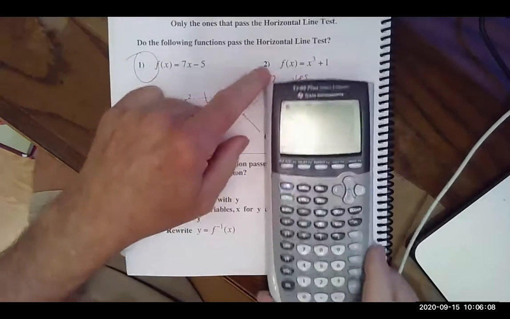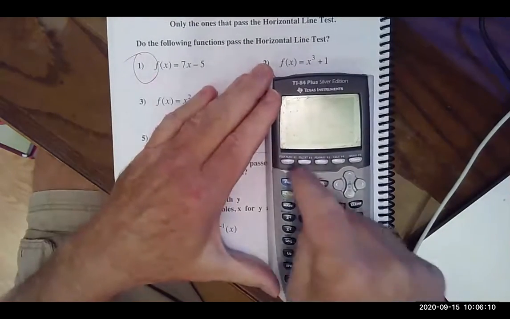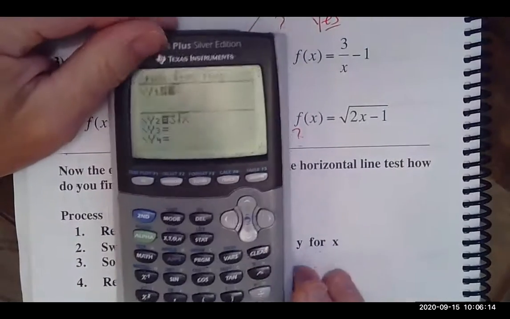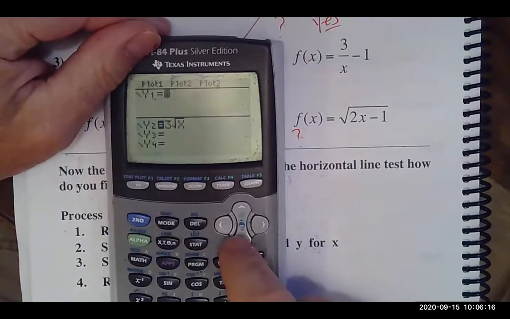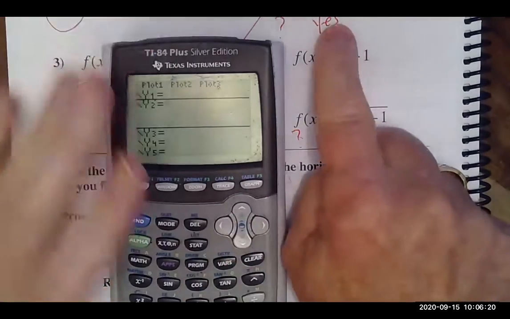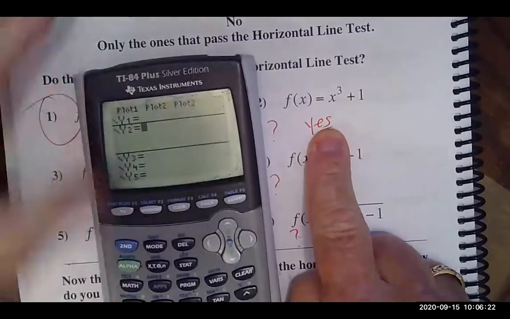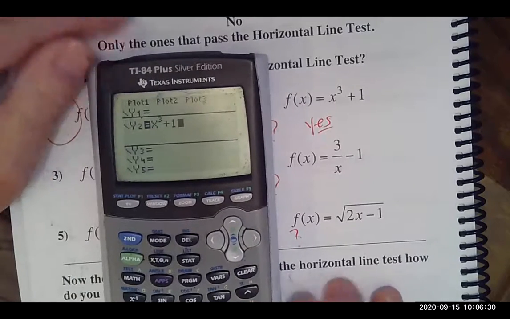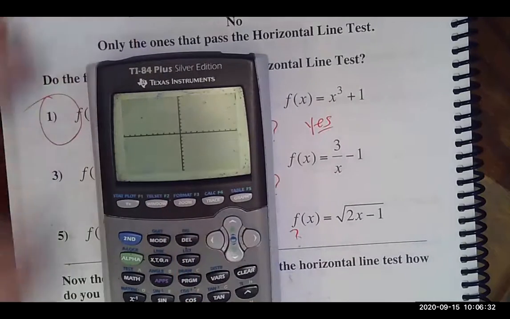So I would put it in my graphing calculator, y equals x to the 3rd, and that was a +1. I'm going to go zoom standard like this.